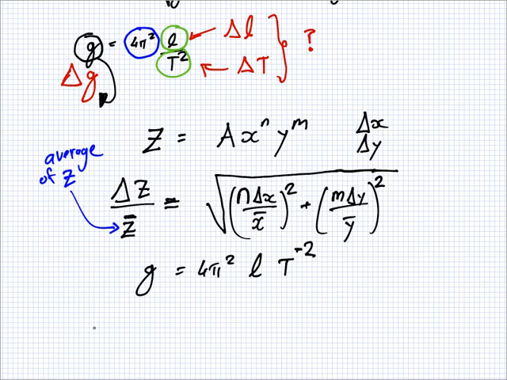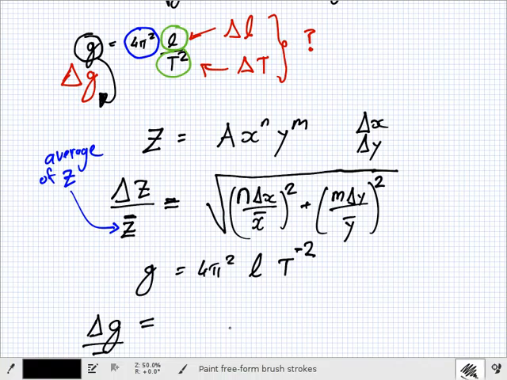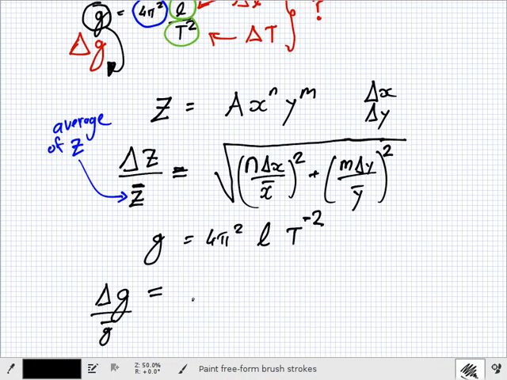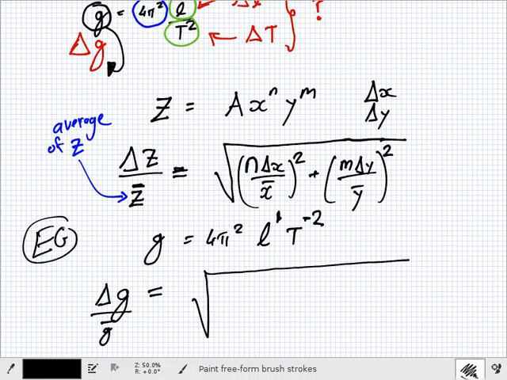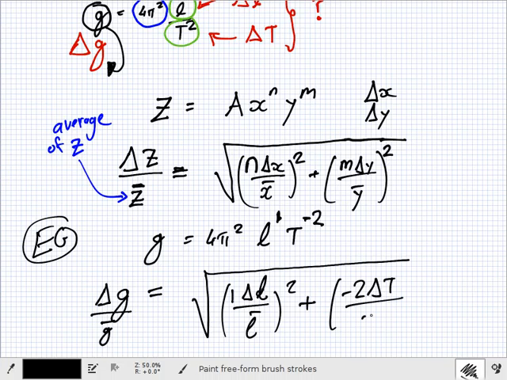So this means I can calculate the uncertainty in G over the average for my G in the data equals square root, and this is like a 1 here, it's an example, 1 delta L over the average length squared plus minus 2 delta time over average time squared.